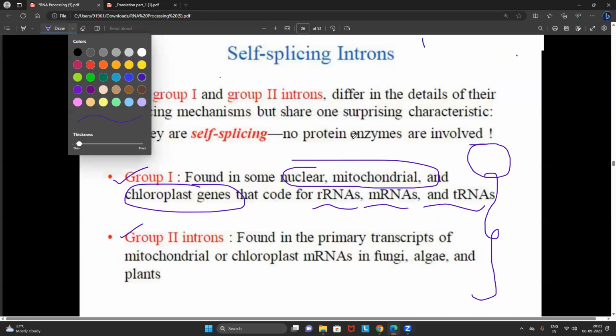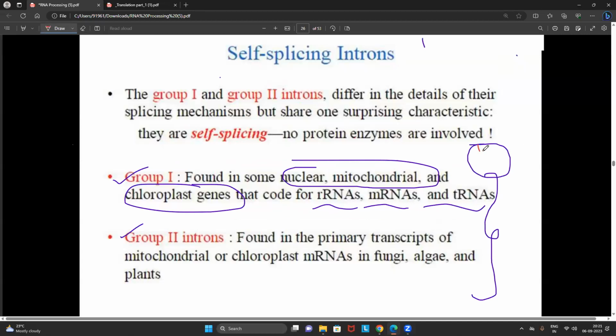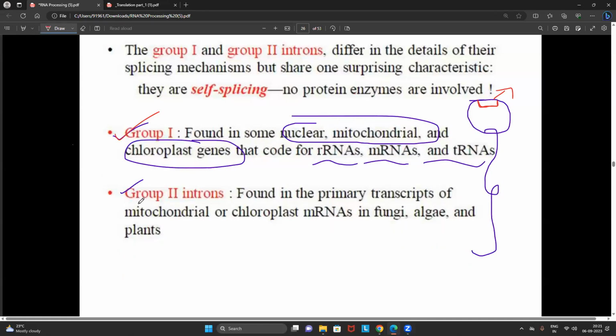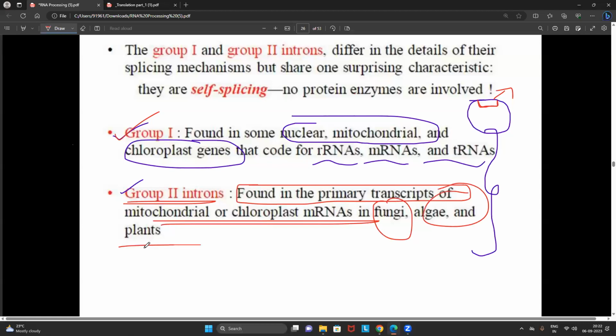The chloroplast, which I showed in blue color, particularly contains an intron region. Anyone remember? That intron is a group 1 intron only. Next, group 2 introns. They are found in the primary transcript of mitochondrial or chloroplast mRNA of exclusively fungi, algae, and plants. You have to remember it compulsorily.